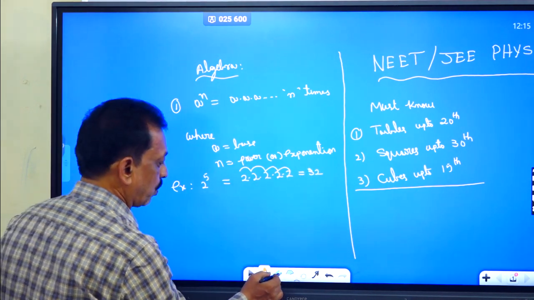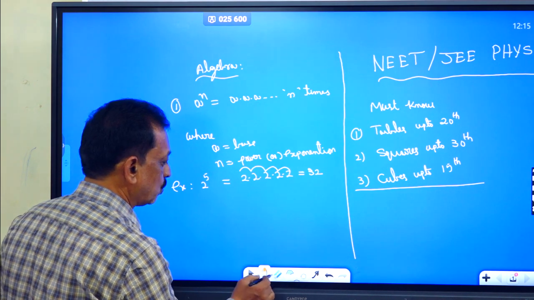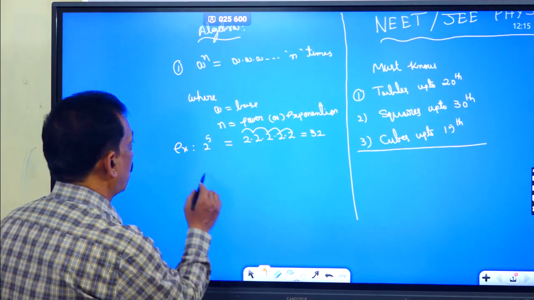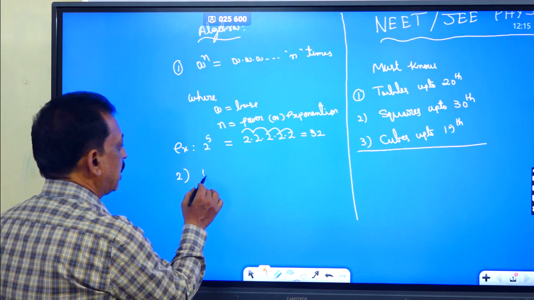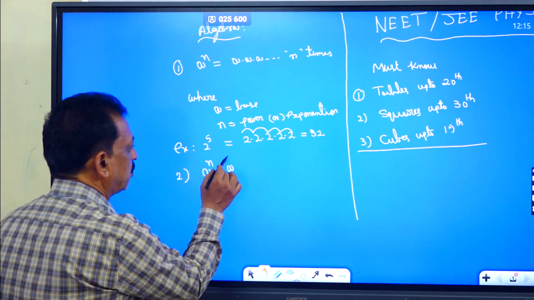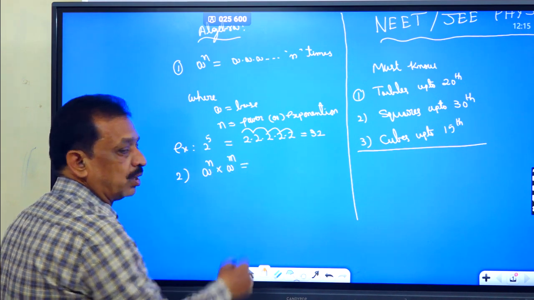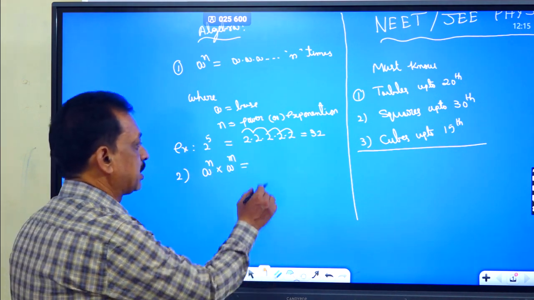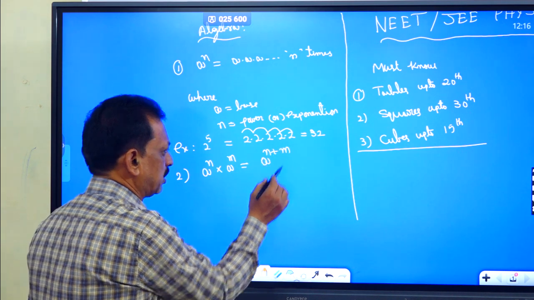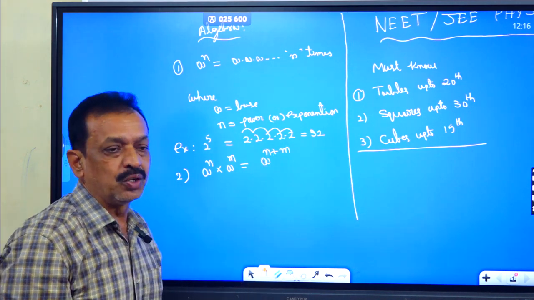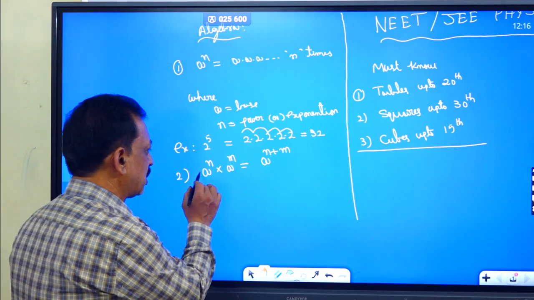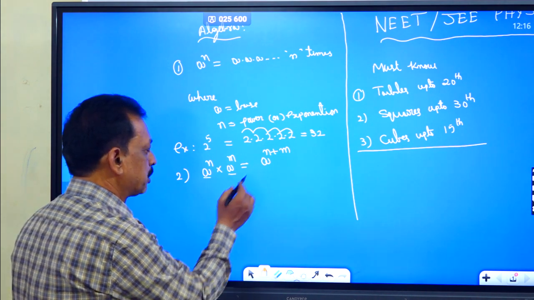Next formula: a to the power of n into a to the power of m is equal to a to the power of n plus m. So when the bases are the same, the powers must be added.